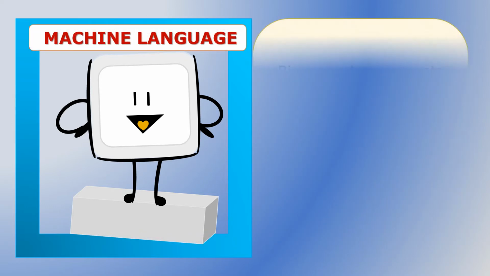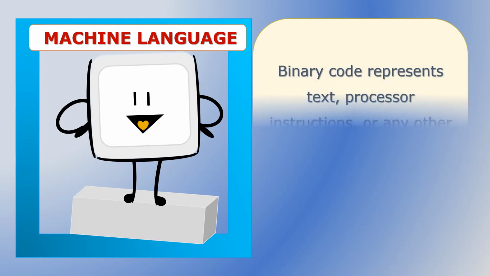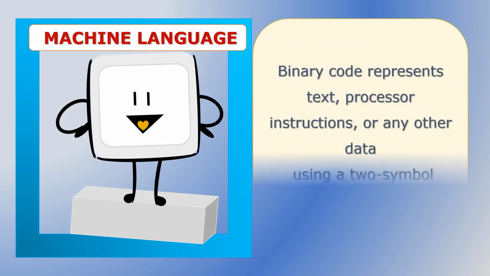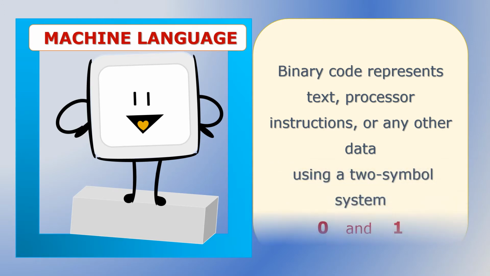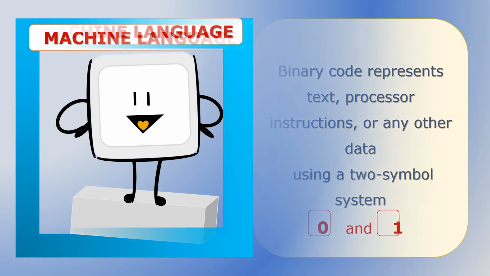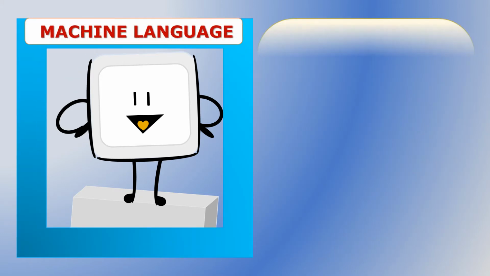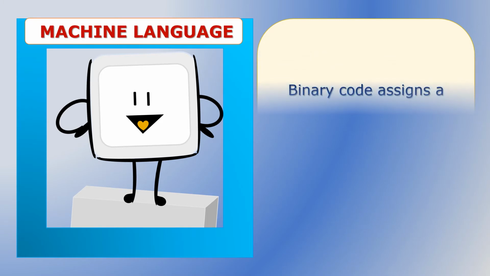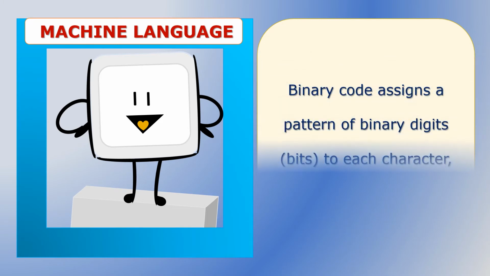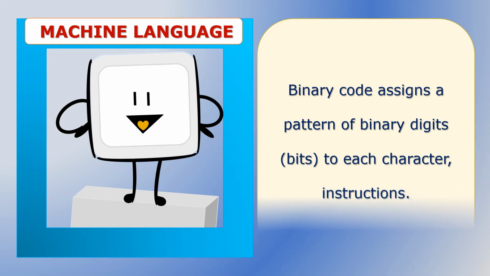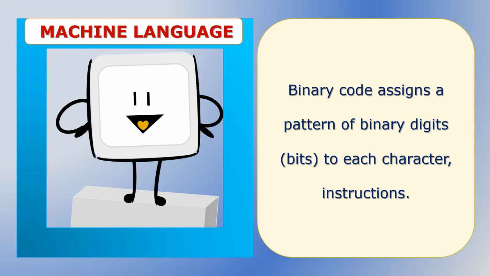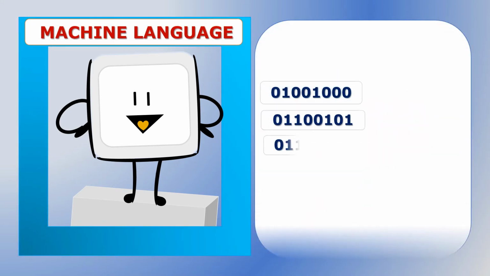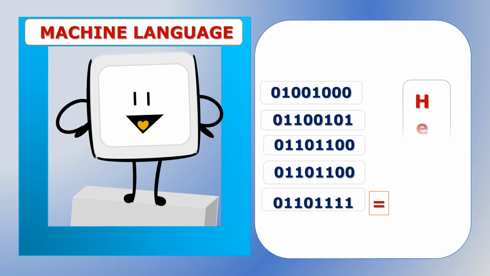Machine language, or binary code, represents text, processor instructions, or any other data using a two-symbol system, 0 and 1, where a binary code assigns a pattern of binary digits or bits to each character or instruction. So, for example, the word hello can be represented as a series of binary digits as shown.